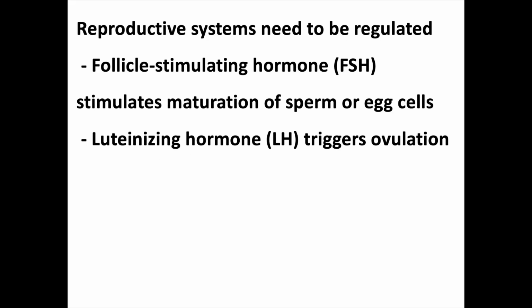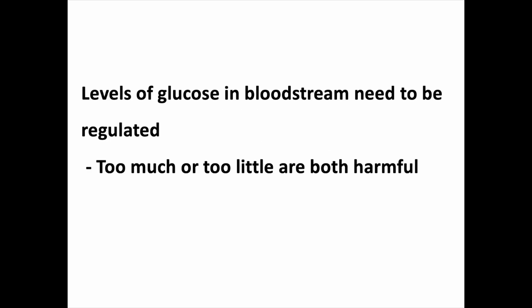One more example of something that needs to be regulated. And I mentioned this when I talked about glucose earlier in this lecture. When I mentioned insulin earlier in this chapter, levels of glucose in the bloodstream need to be regulated. Too much glucose is bad.